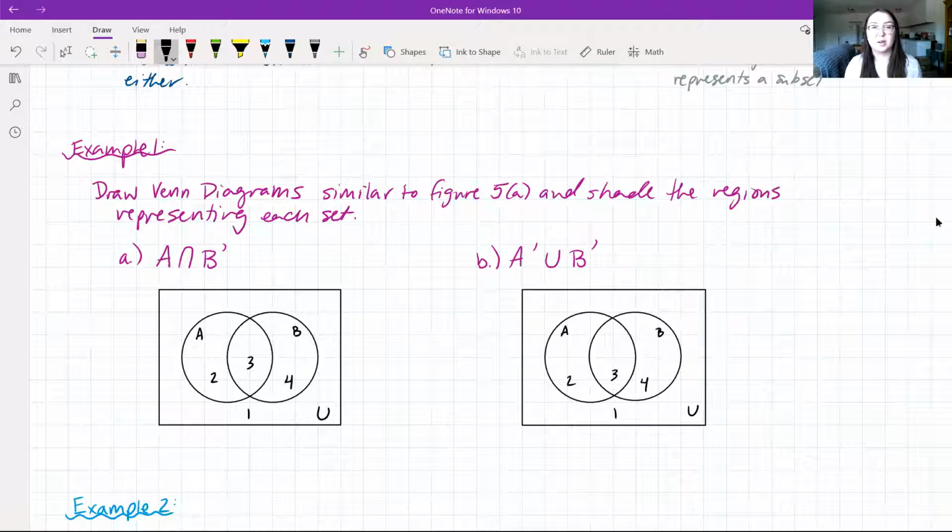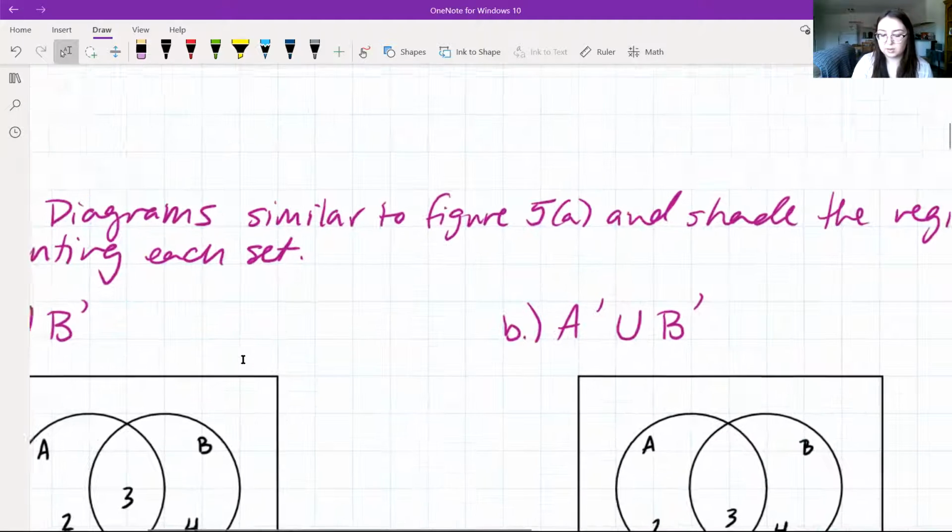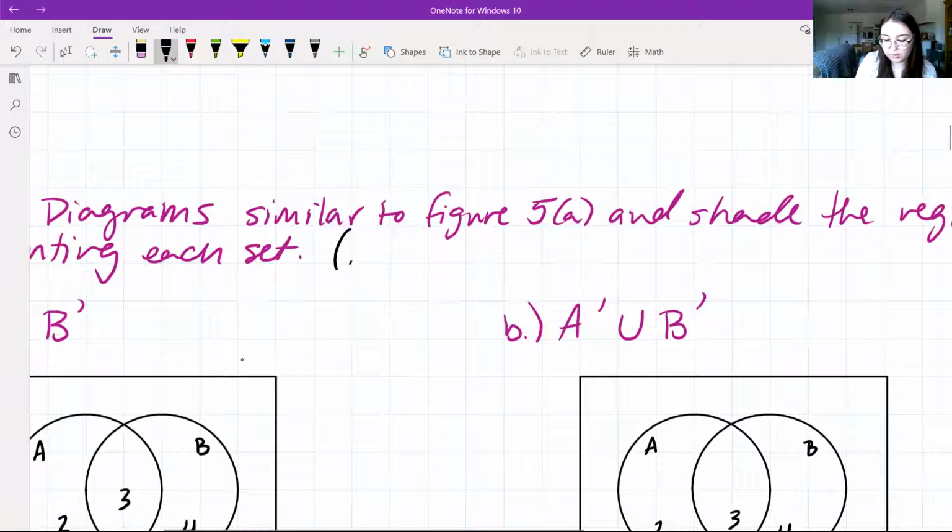First, let's just say what each set is in terms of the numbers. If we want to say A is equal to, and then our set, what we're paying attention to are the numbers. Here is our A set, and inside our set we have the numbers 2 and 3. So we can say A is equal to the set of 2 and 3.